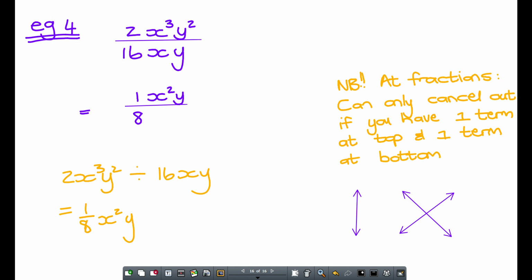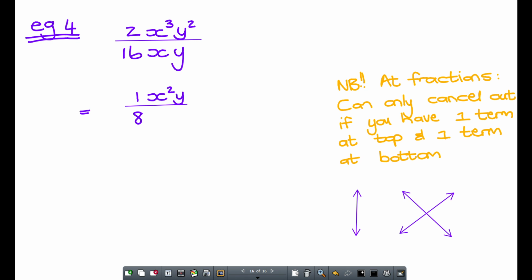Okay, now I just want to quickly add, you'll see on the right hand side, I made a note there saying, very important, when we have fractions, please remember, we can only cancel out if we have got one term at the top and one term at the bottom.